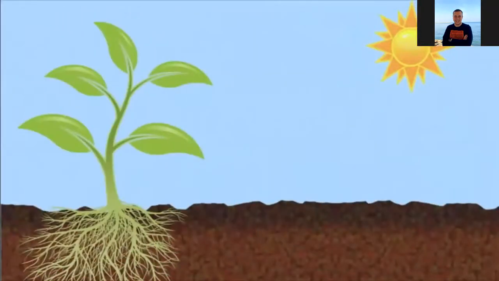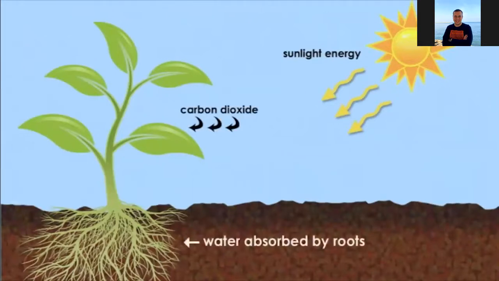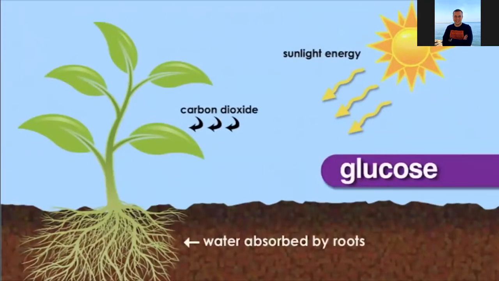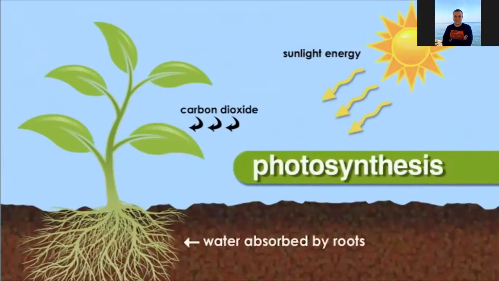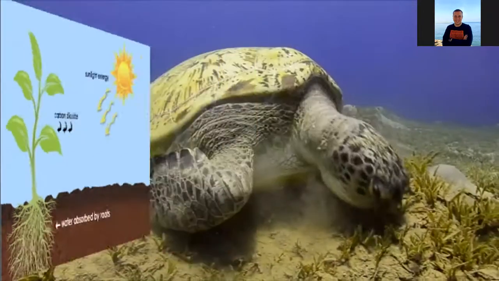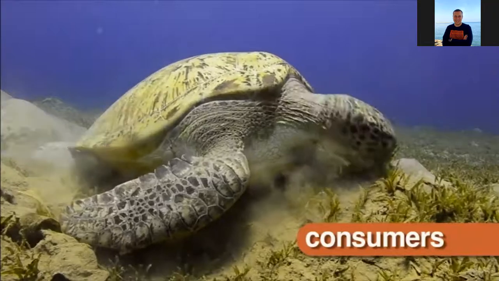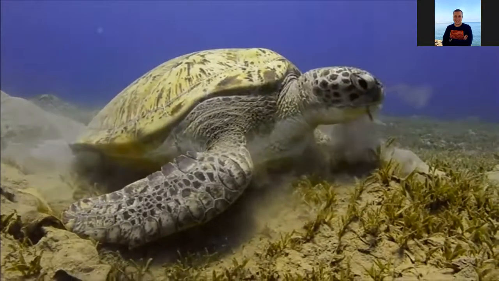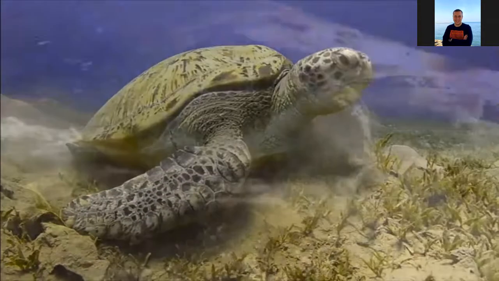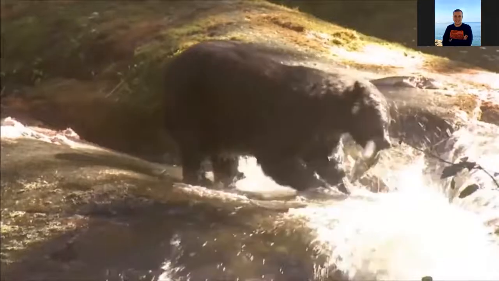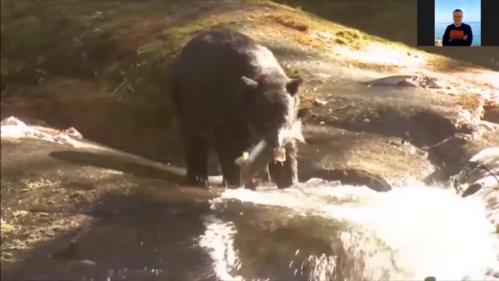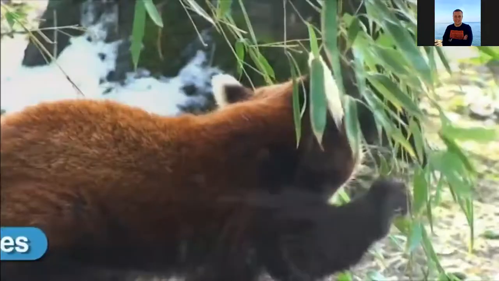Plants use energy from the sun, carbon dioxide from the air, and water to produce glucose. This process is called photosynthesis. Animals are called consumers. Animals can't make their own food, so they need to consume or eat plants, animals, or both to get energy. There are 3 types of consumers.